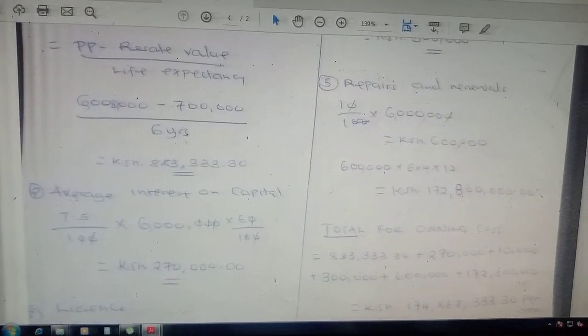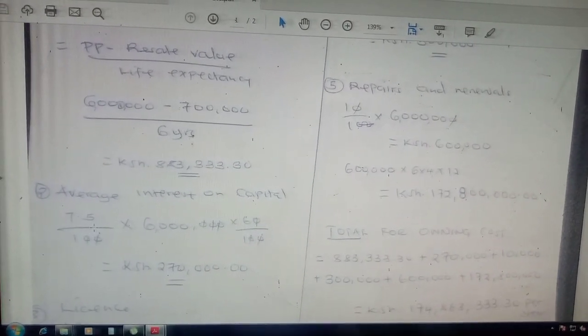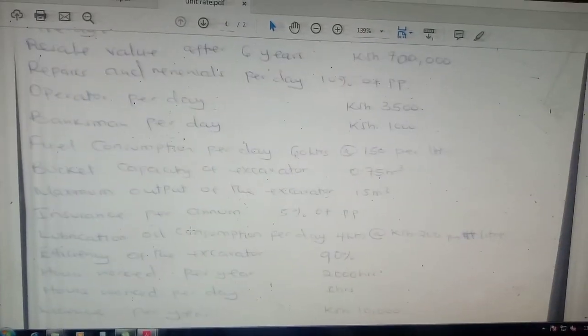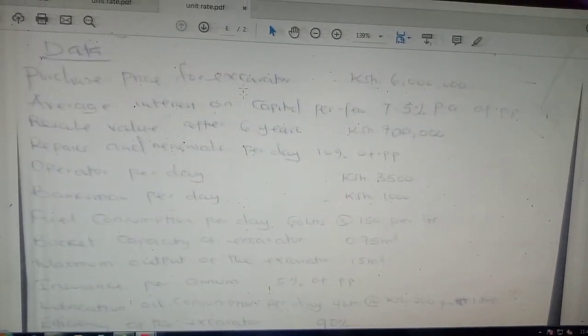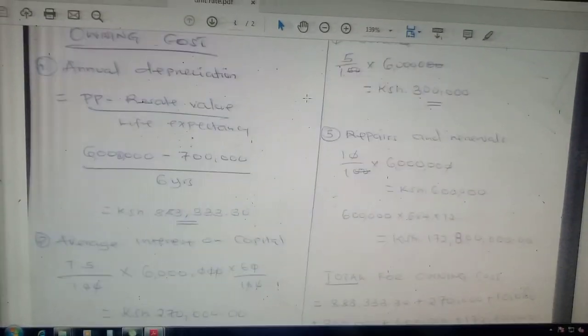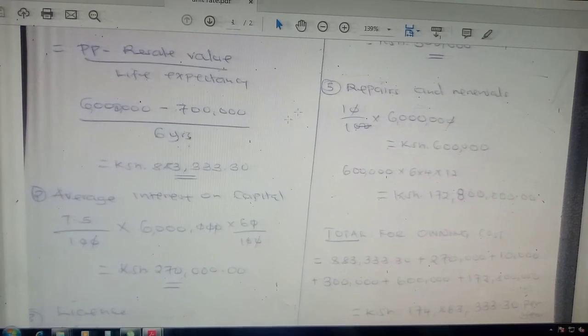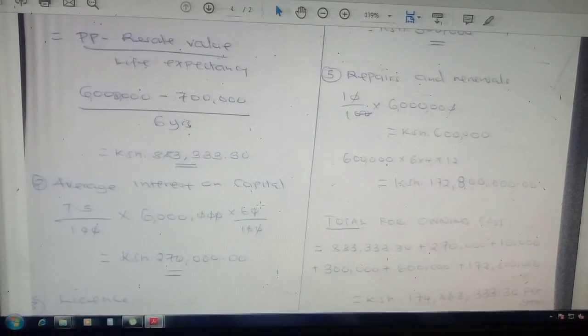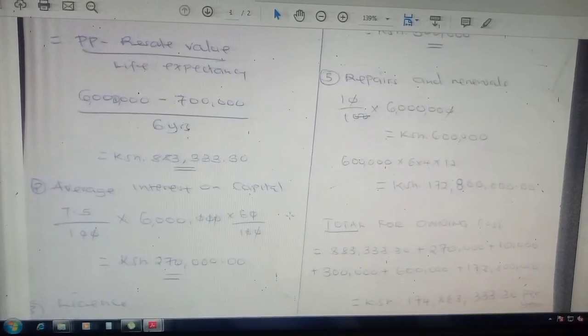So we take 7.5 over 100 times the purchase price, which was 6 million as per the data here, times 60 over 100, whereby I had said that this 60 over 100 is the book value.